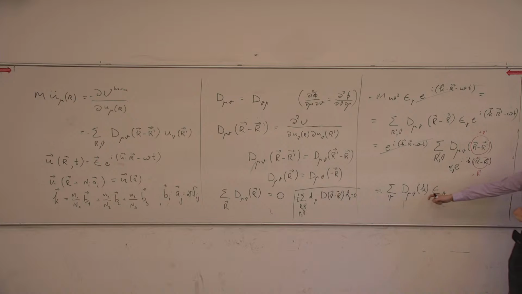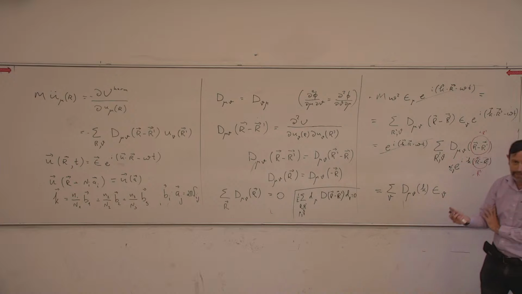And what does this mean? Just perform a Fourier transform on each one of the components of D. You have a 3 by 3 matrix. Why? Because mu and nu are x, y, z.